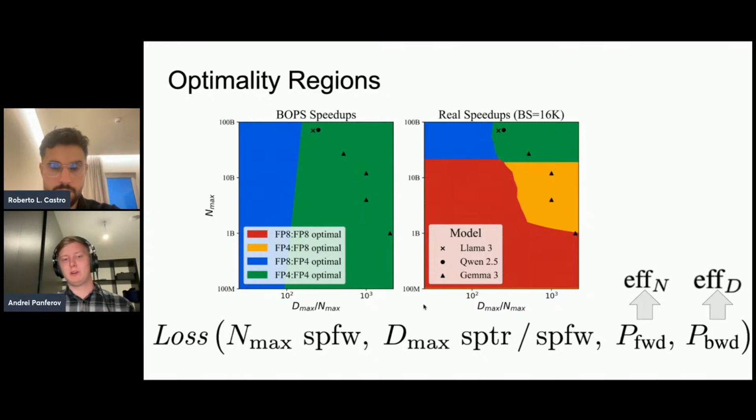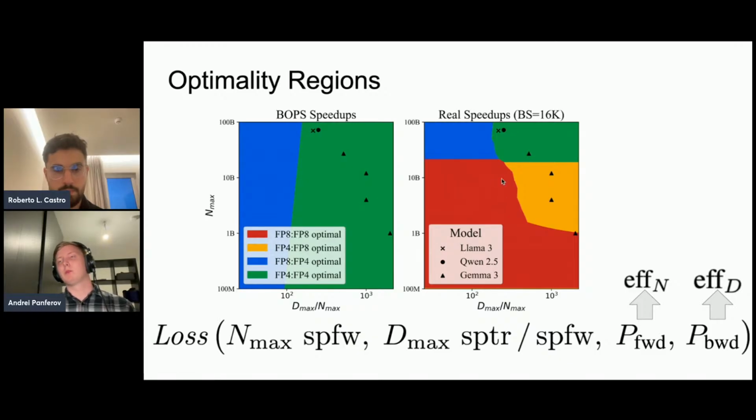And here we compare 4 different training schemes: the baseline FP8 training, the forward-only FP4 training, meaning that we only quantize the forward pass to FP4 and backward is still FP8, the forward pass FP8, backward FP4 training, and the full FP4 training.